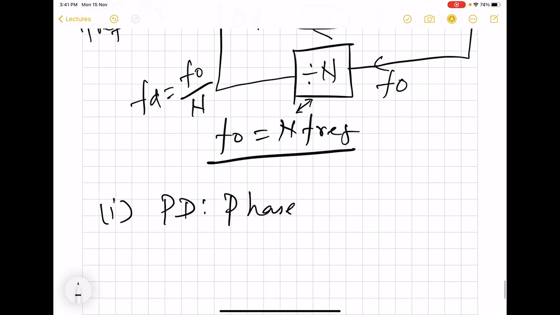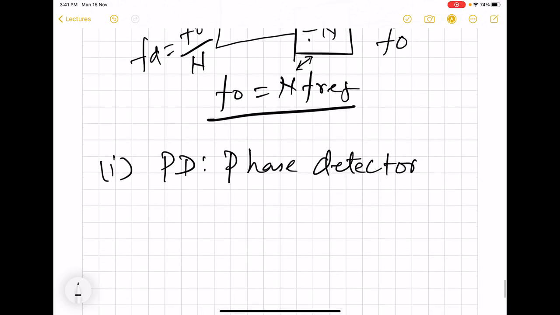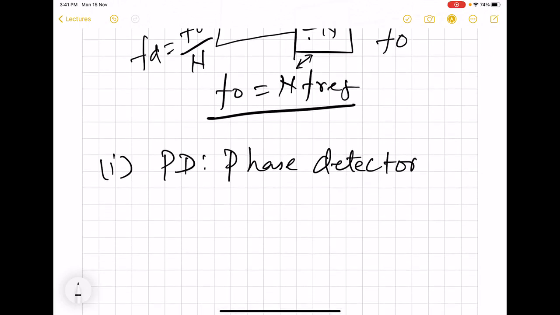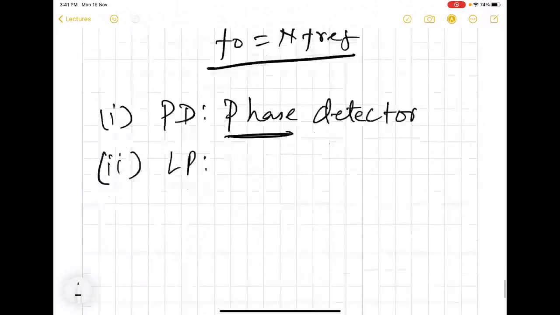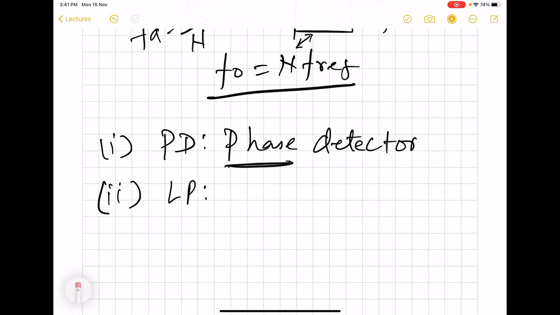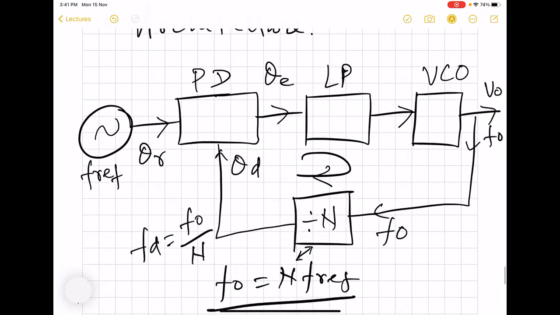This is the phase detector. It is this block which plays the key role in functionality, and it is because of this that the name phase lock loop has been given. Then the second block is LE or LF. Actually, more appropriately, it should be called LF.